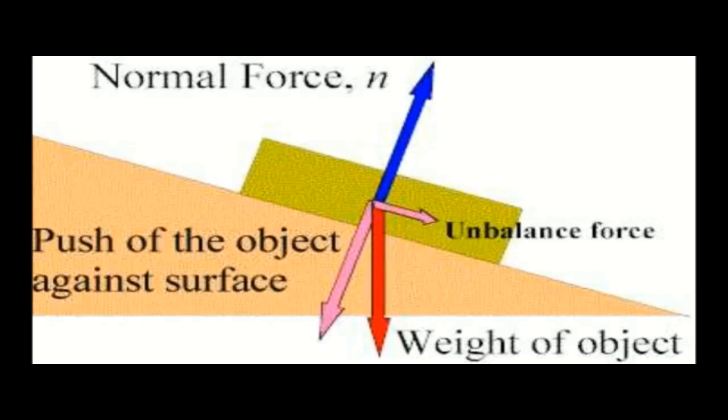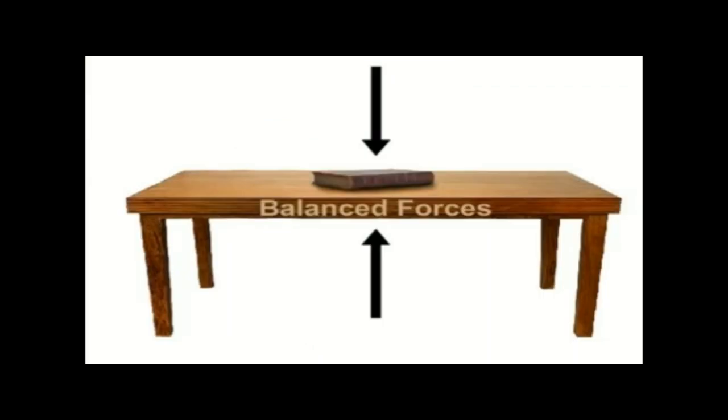Normal force. A body exerts a force equal to its weight in the downward direction when it is placed on a surface. But the body does not move or fall because the surface exerts an equal and opposite force on the body normal to the surface.